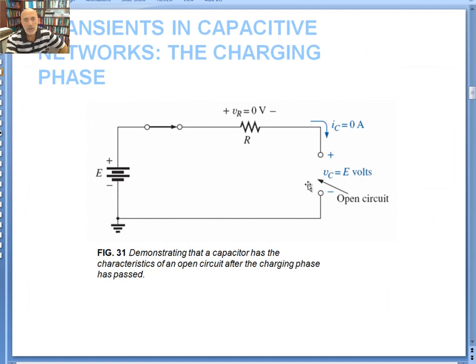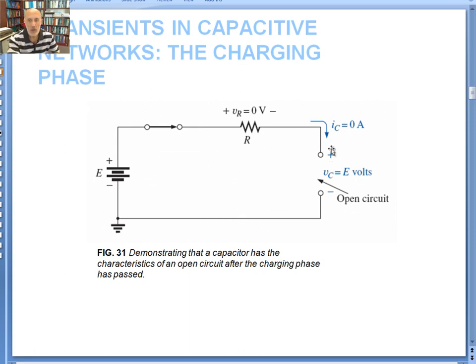Now, initially, when the cap is completely discharged, it acts like a short circuit. If completely charged up, it acts like an open circuit. Even though everything is still in place, remember the insulator between the two parallel plates is not conducting current.